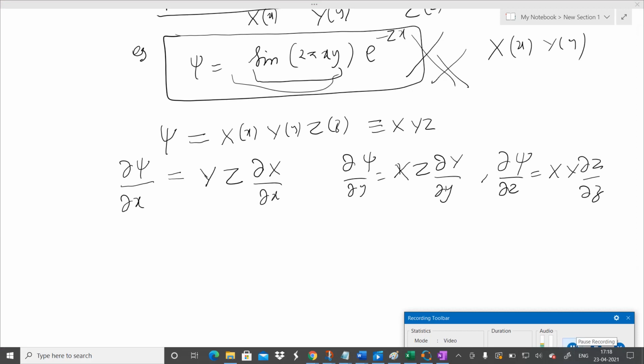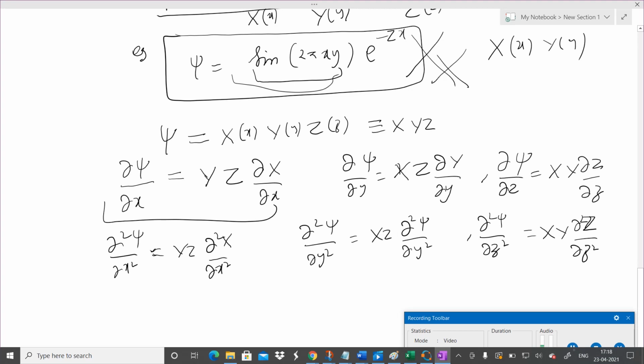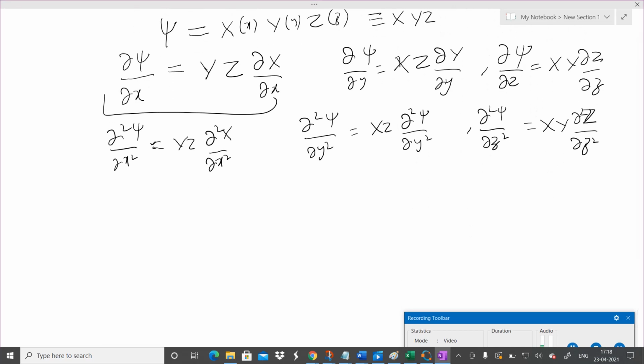Now let's take the second derivative with respect to x. Again, Y and Z are not functions of x, so they are constant with respect to x. So del 2 psi upon del x2 will be YZ del 2X upon del x2. Similarly, we can find del 2 psi upon del y2 and del 2 psi upon del z2.